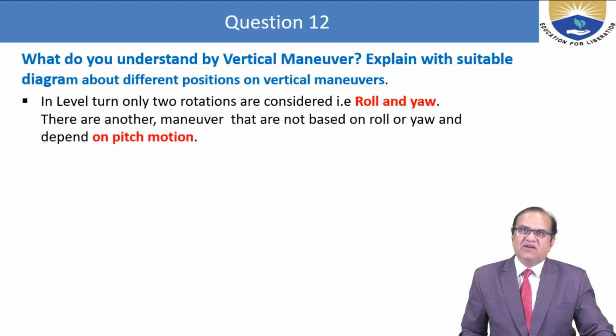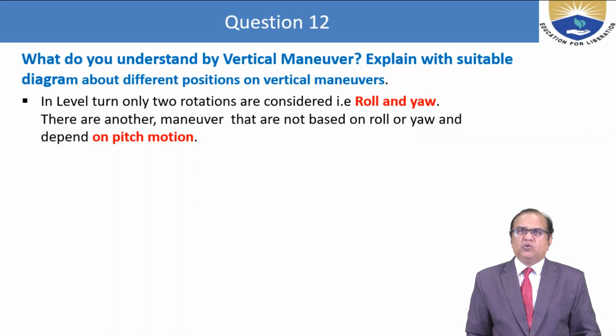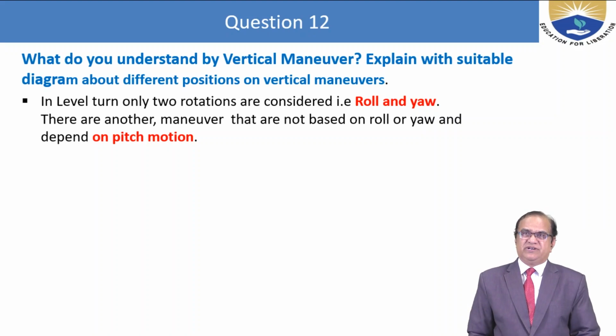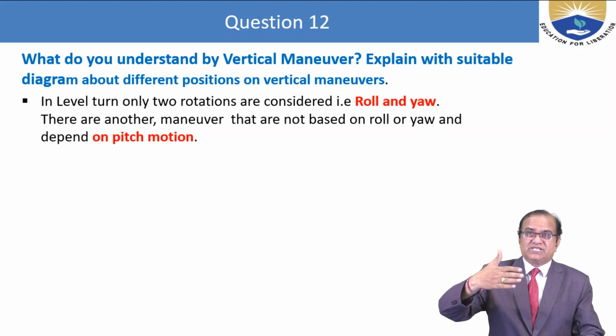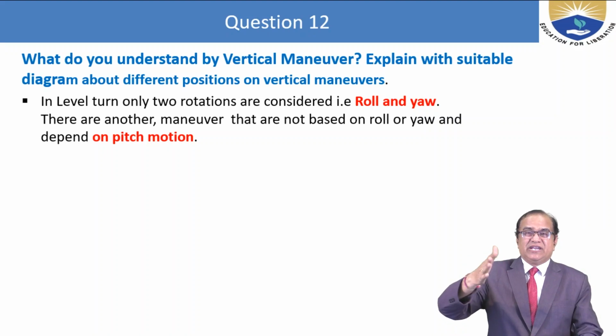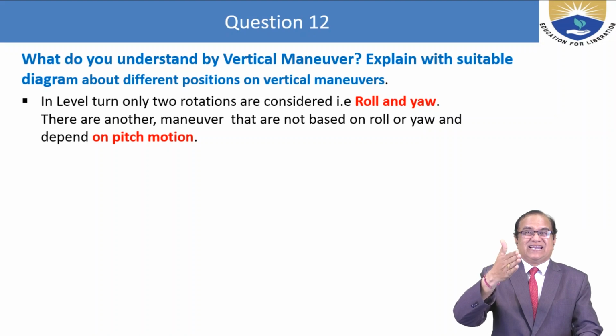In level turn, only 2 rotations are considered, that is roll and yaw. So if you are turning, there are only 2 motions, that is roll and yaw. Roll is about the x-axis and yaw about the z-axis.